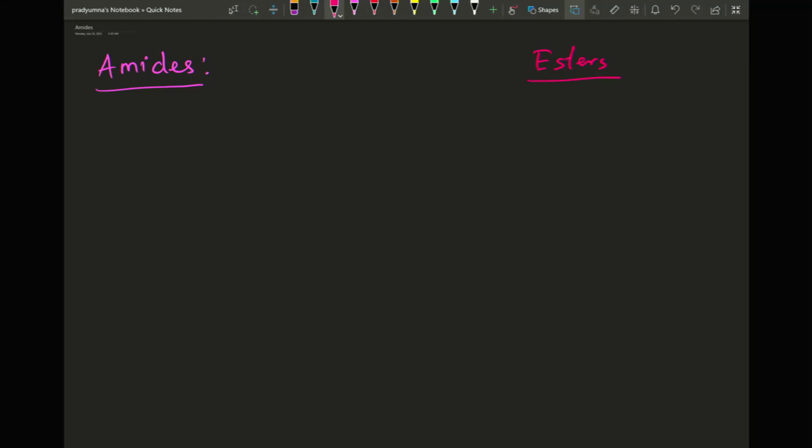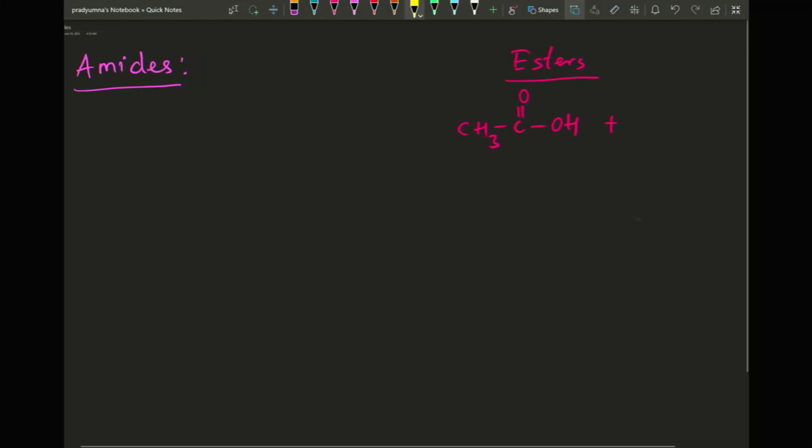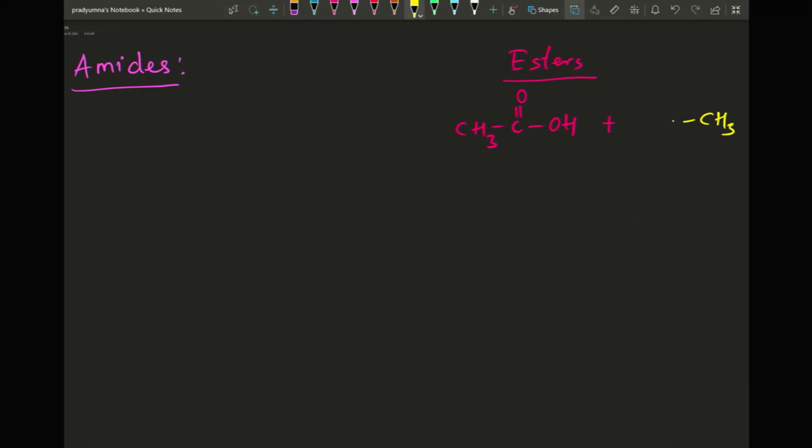What is an ester? Esters can be made by the reaction of a carboxylic acid with an alcohol, right? So if you have a carboxylic acid and an alcohol like this, then you can get rid of the water and snap them back in.